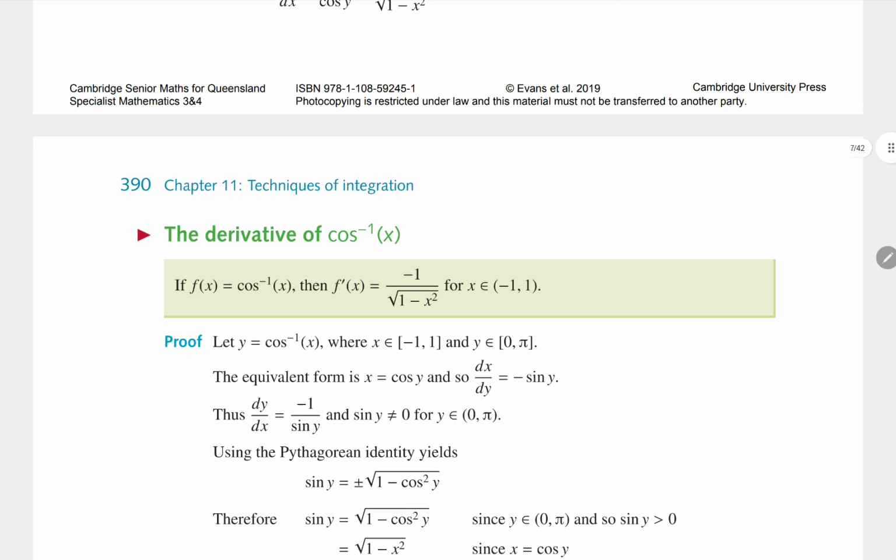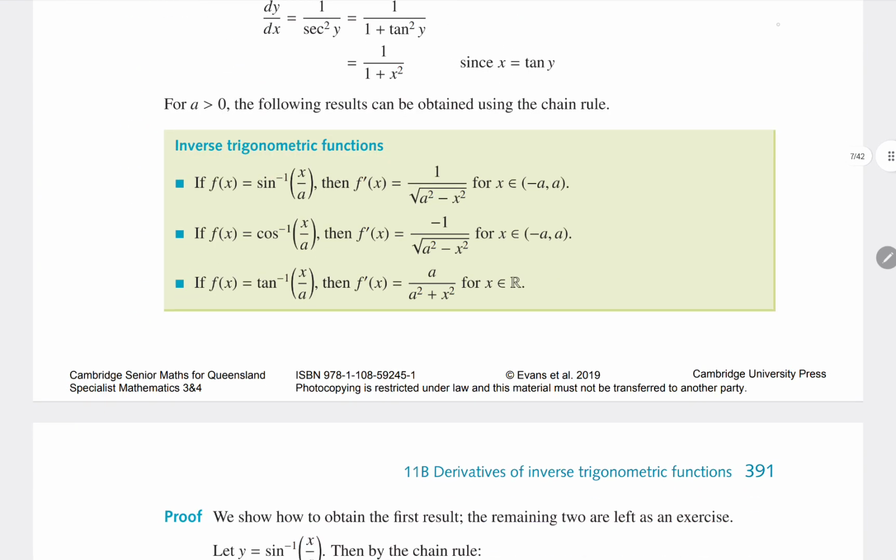Similarly, if you look at this one here, the restriction is a squared minus x squared must be greater than 0. So then a squared must be greater than x squared, and that's the same thing. When you square root a squared, you get a. So x squared must be strictly less than a squared.